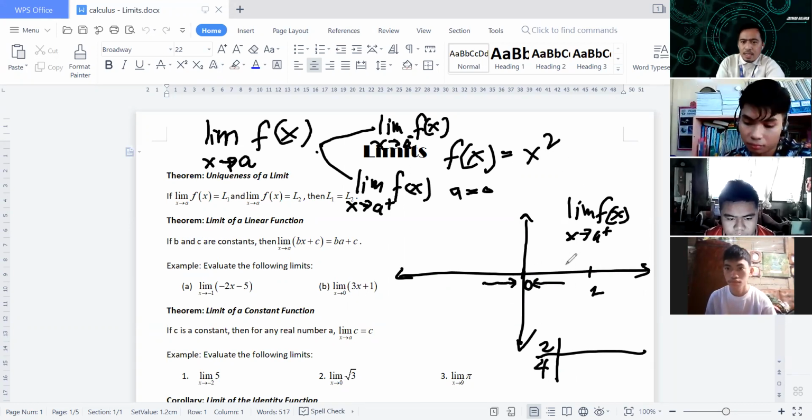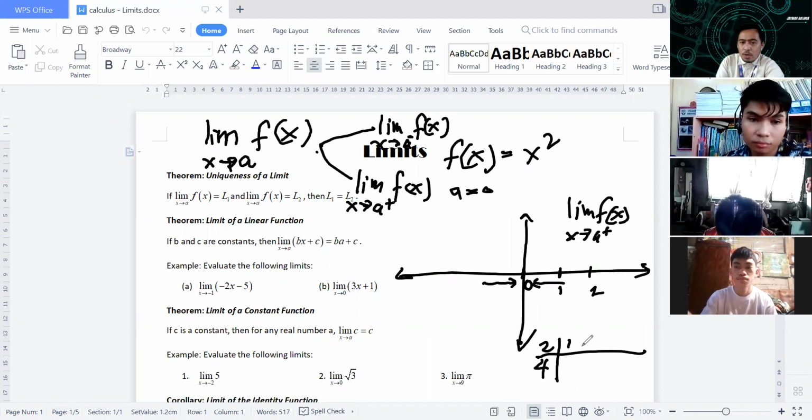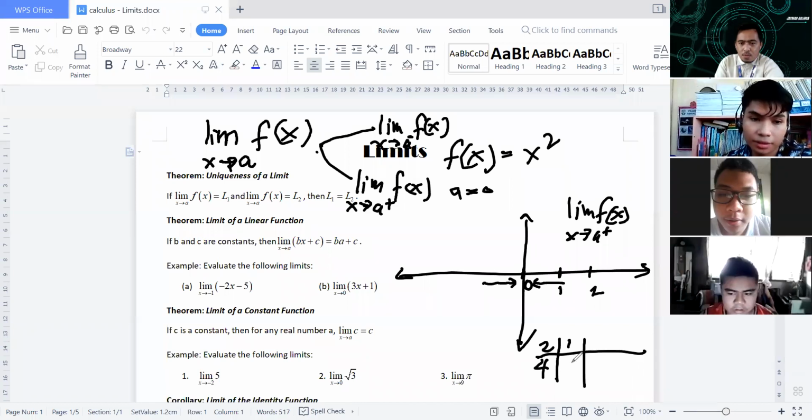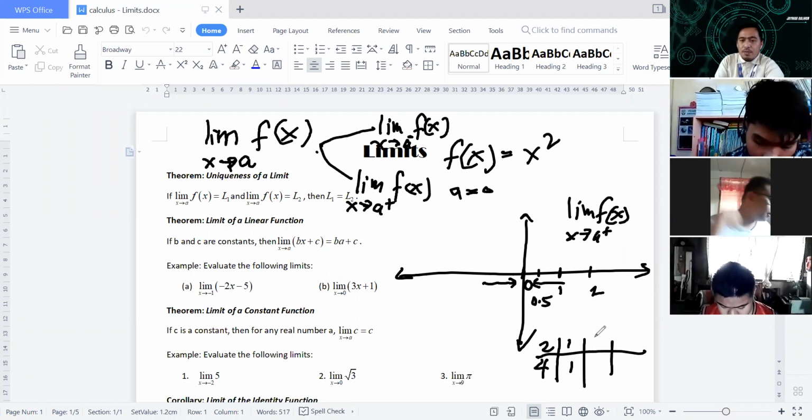Let us get values closer to 0. Say 1, it's closer than 2. If your x is 1, what is your f of x? 1. Let's make it closer. Let's have 0.5. What's the value if your x is 0.5?